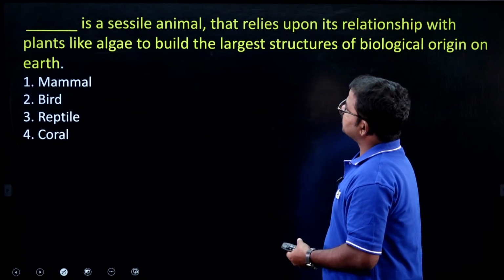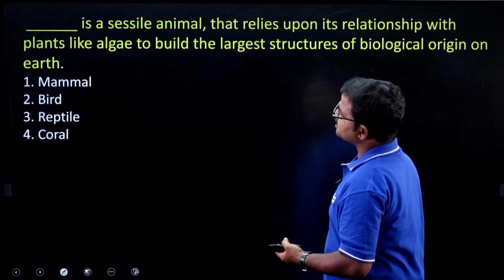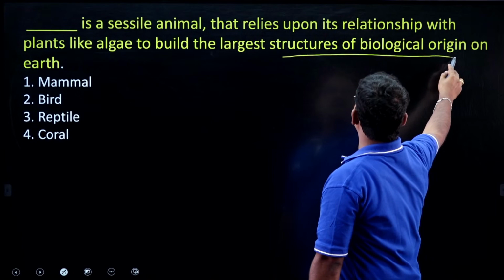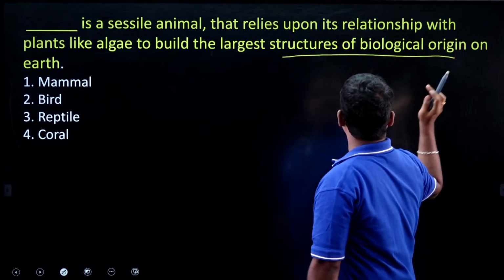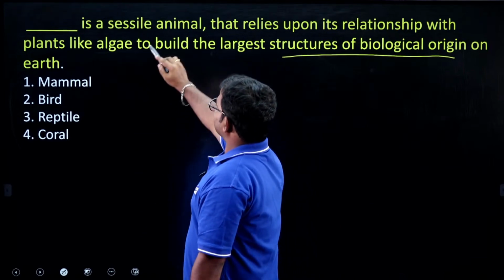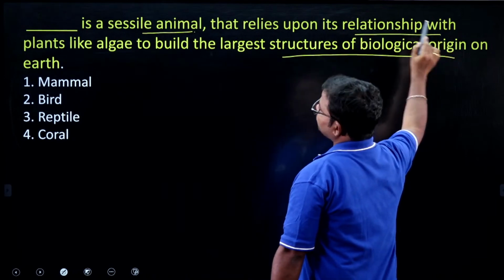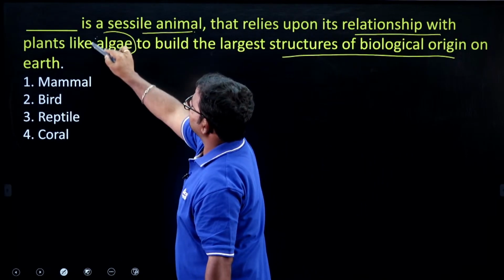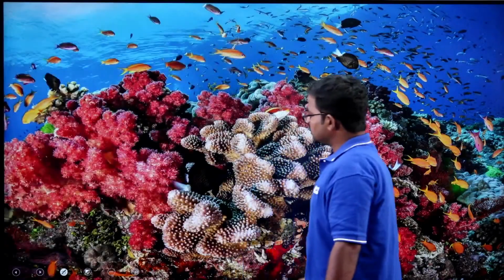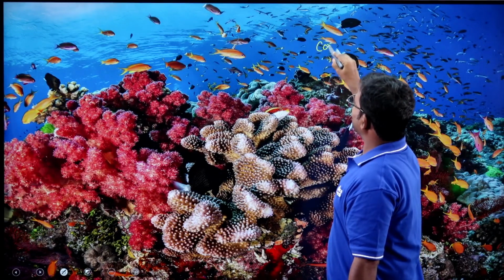Next, a sessile animal relies upon its relationship with plants like algae to build the largest structure of biological origin on Earth. What did they mention? A sessile animal relies upon a relationship with plants like algae to build the largest structure. If you consider these clues, these are called coral reefs.